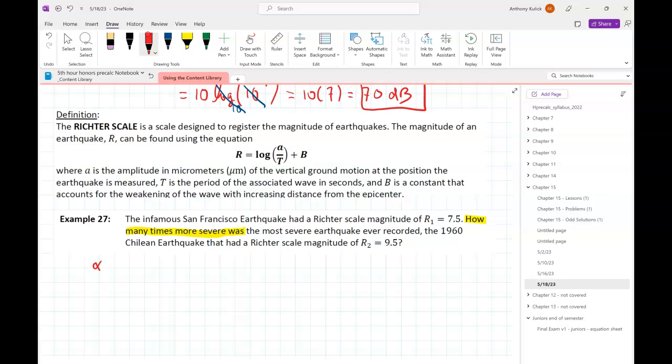So that would be the ratio of the amplitude of the more intense or more severe earthquake divided by the amplitude of the less severe, right? That's what we're really asking for.